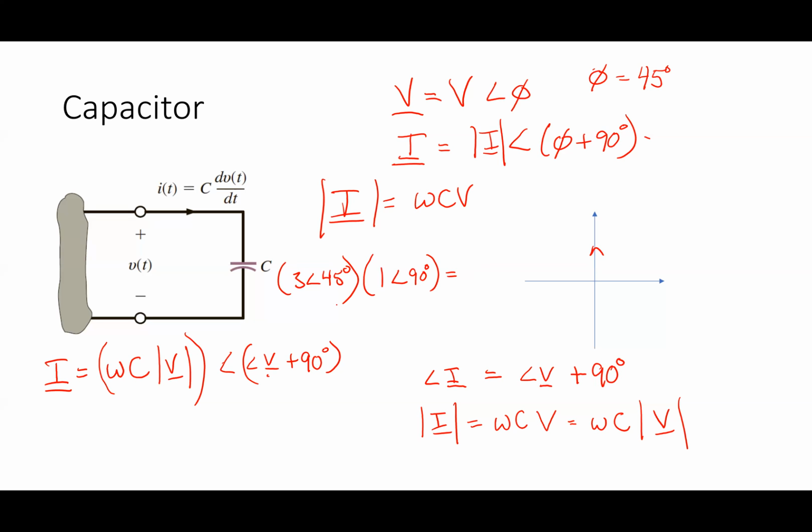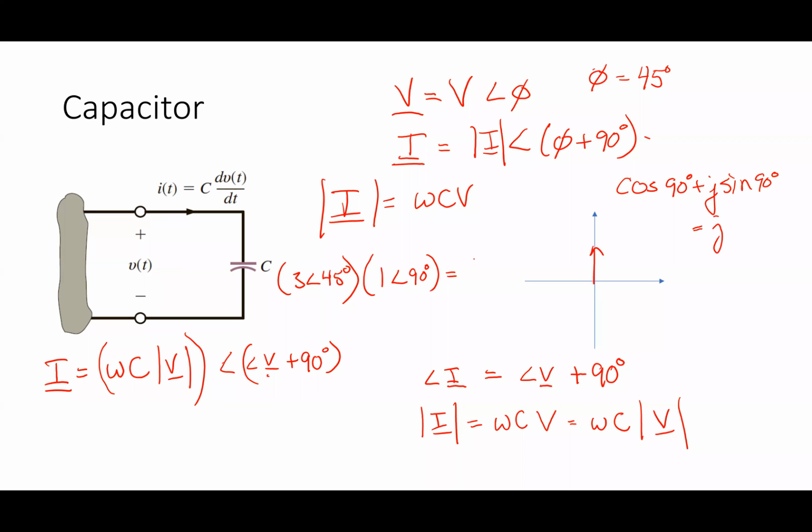1 angle 90 is also the same as what, if it's going straight up like this? What would it be in rectangular form? It'd be j, right? It points straight up, and you can see that by saying cosine of 90 plus j sine 90, which equals j.